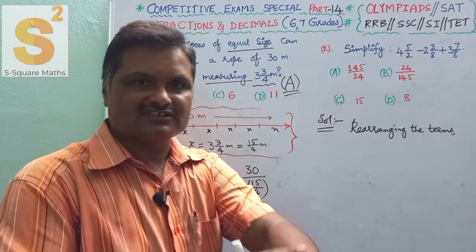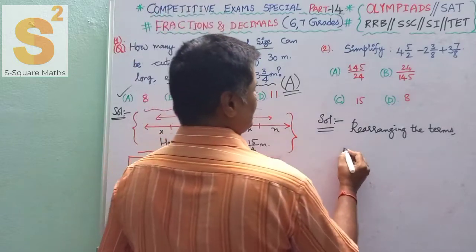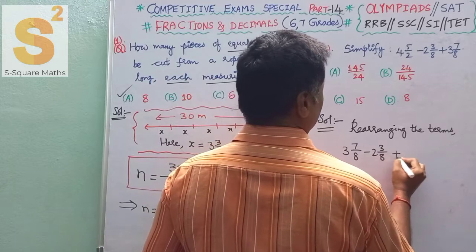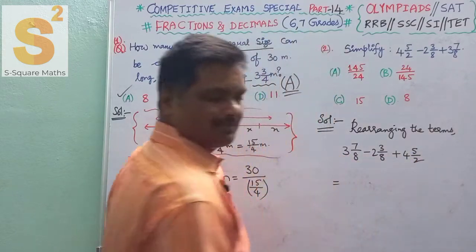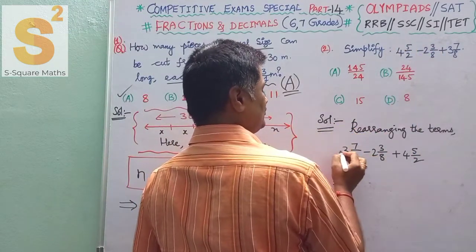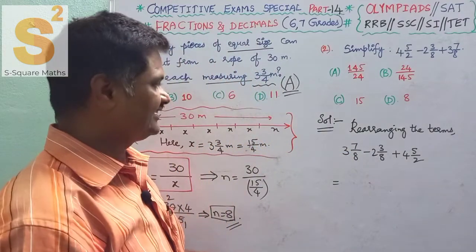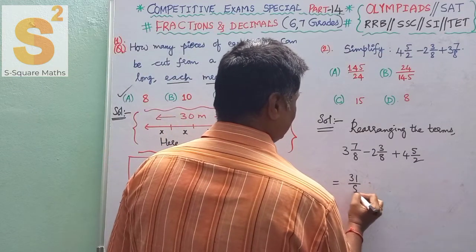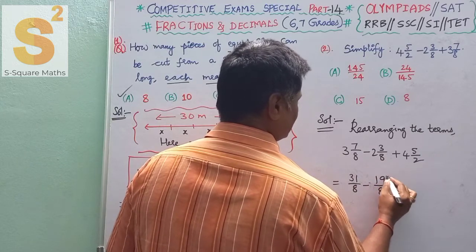So your time starts now. In 1 minute I am going to conclude this problem. So I am going to write 3 7 by 8 minus 2 3 by 8 plus 4 5 by 2. Okay, positive, negative, positive. Here I can write 31 by 8 minus 19 by 8.